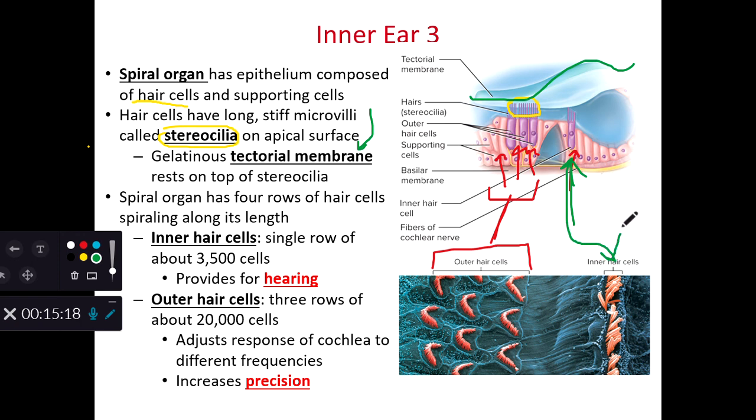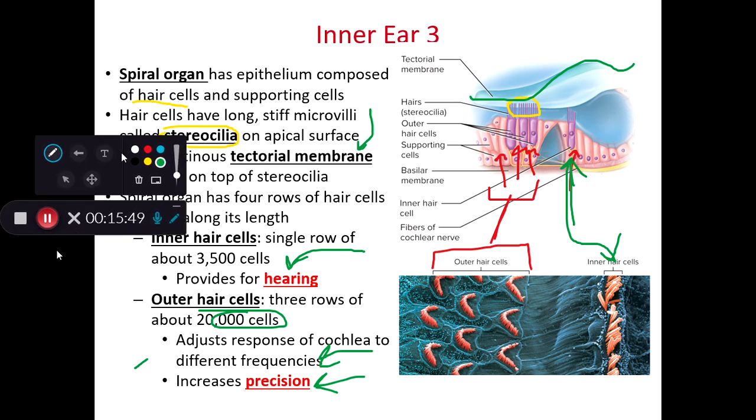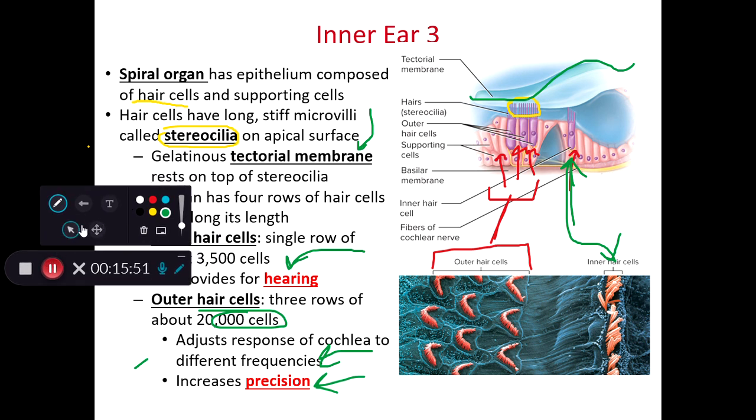The 4th row is referred to as the inner hair cells, and it'll have approximately 3,500 cells and be used for our sense of hearing. As we look at these 3 rows, these outer hair cells, there are approximately 20,000 of them, and they adjust the cochlea in response to different frequencies and increase the precision of our ear to take sound waves and convert them into action potentials.